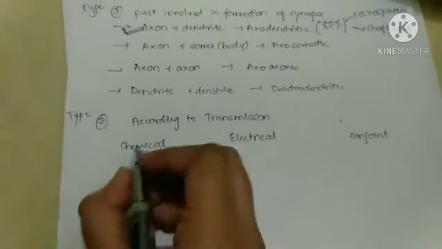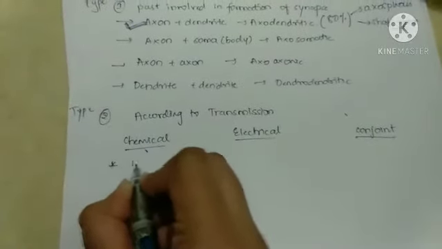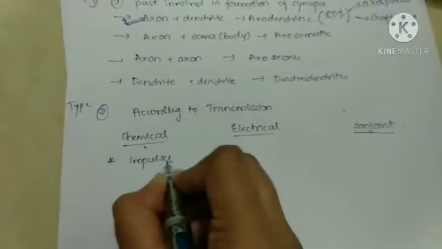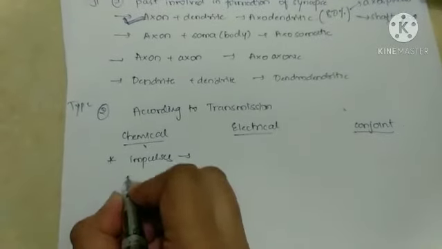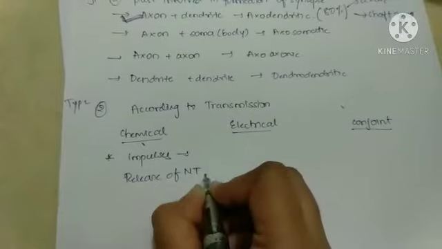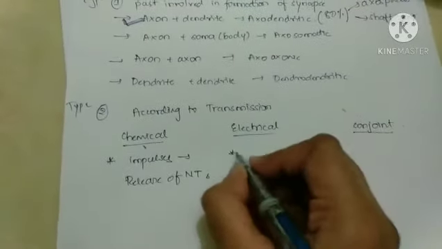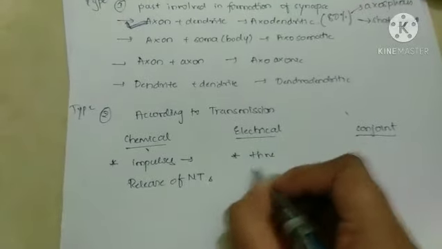In chemical transmission, impulses are transmitted through release of neurotransmitters. In electrical synapse, the impulses are transmitted through gap junction.